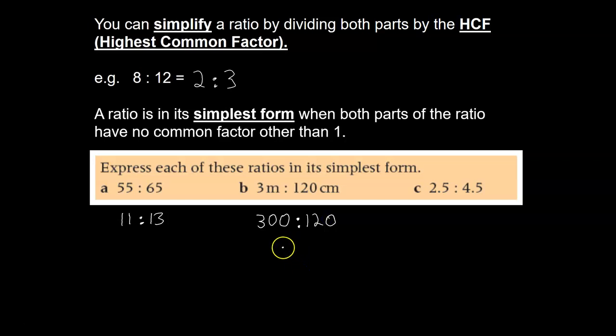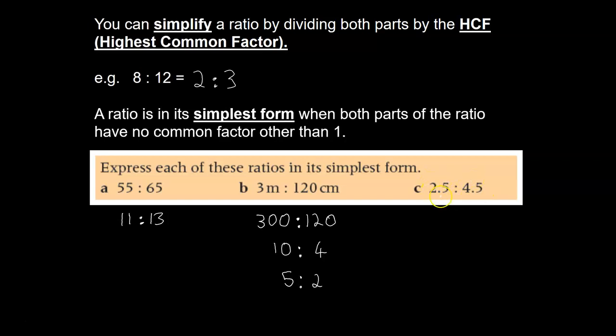Now I know that 30 is a factor of both of these, so let's divide both parts by 30. So I get 10 to 4. Now 10 and 4 also have a common factor of 2, so I need to simplify again to get 5 to 2. You can simplify multiple times. It's best to write them underneath each other rather than going across like this, but this can be acceptable. It just gets a bit more messy.